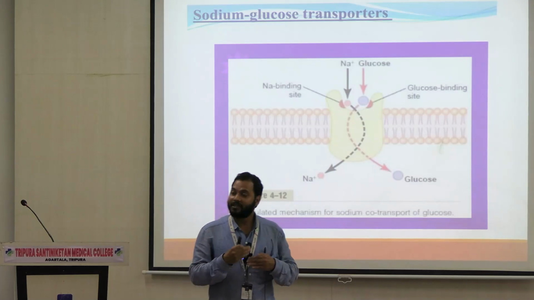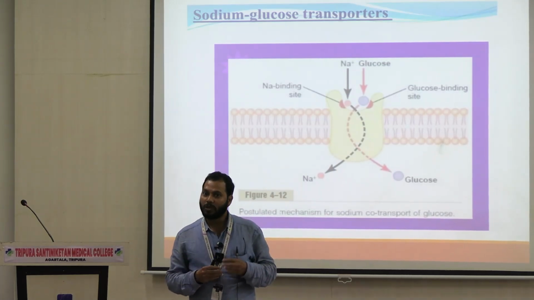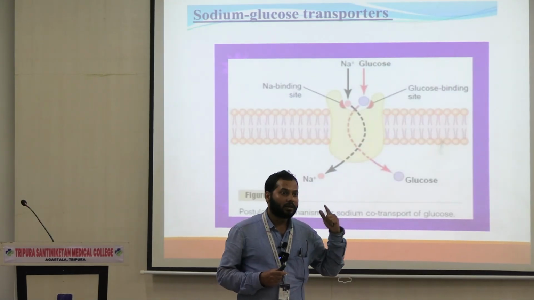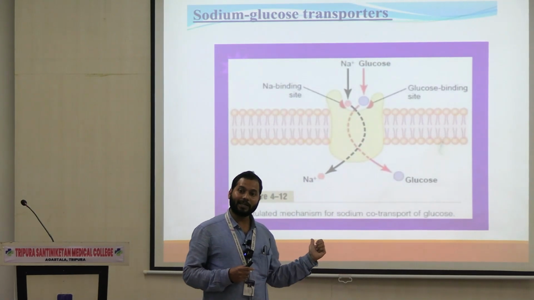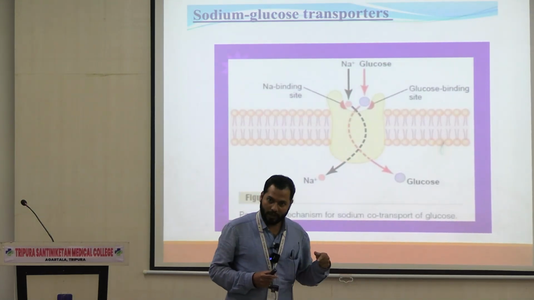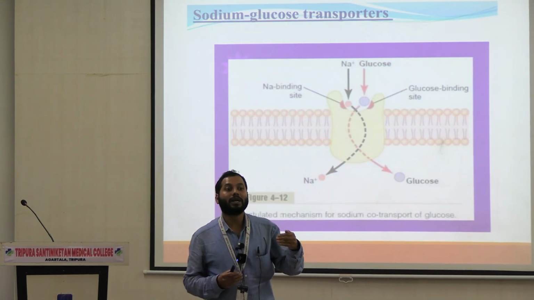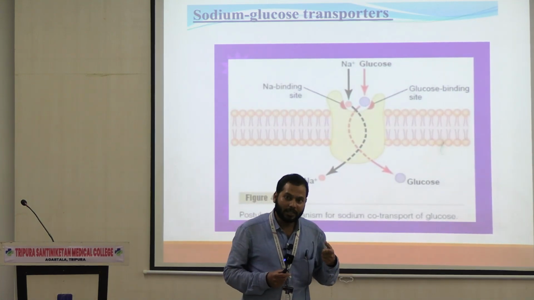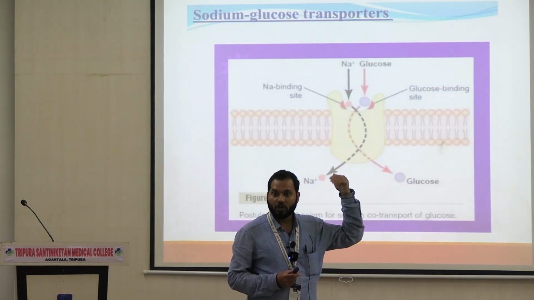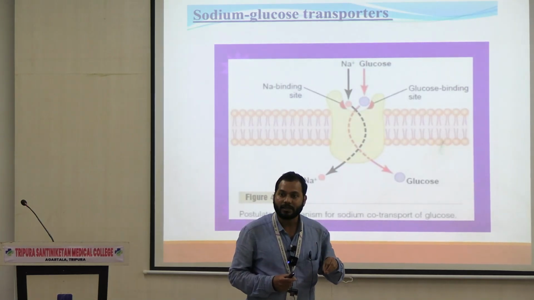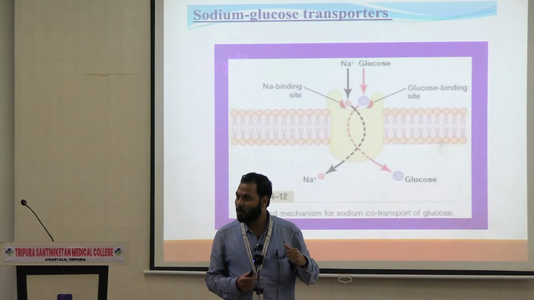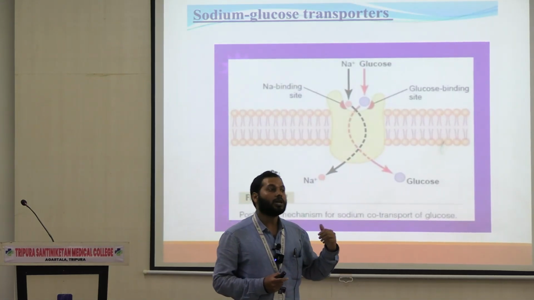It means after the completion of primary active transport, the concentration of sodium ion is more outside of the cell compared to inside. So in secondary active transport, along with the glucose molecule, sodium is also transported, but what is the direction of the sodium movement? The direction of movement is from extracellular, where the number of sodium ions was more, towards the inside, where the number of sodium ions is less. So that is why it is called a downhill journey. Here, in the secondary active transport process, the downhill journey occurs for the sodium ion.